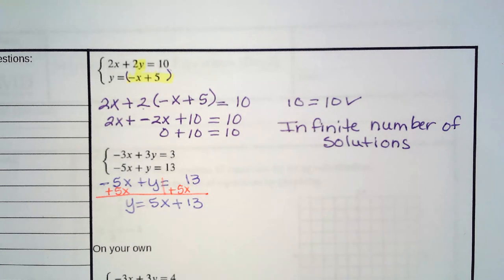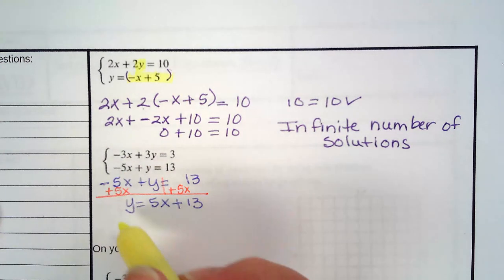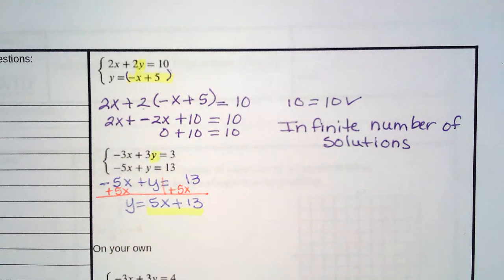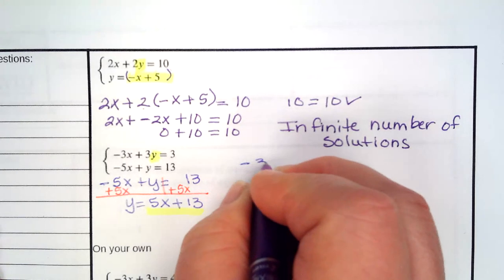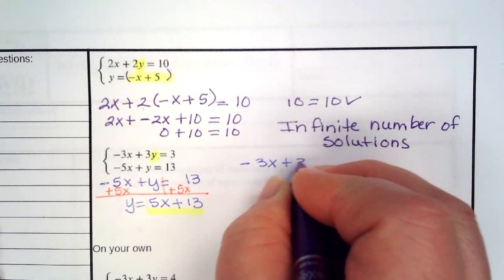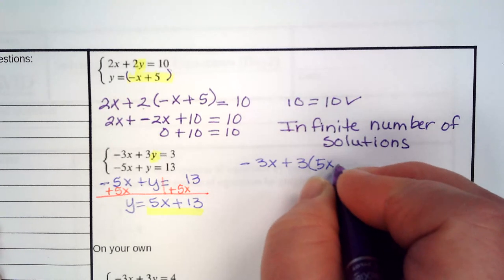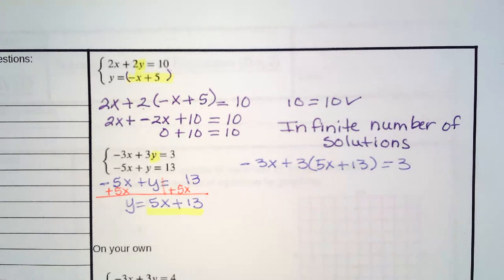Now I'm ready to start solving. Remember, you've got to use the other equation. Here's y, here's y. Negative 3x plus 3 times the quantity 5x plus 13 is equal to 3.